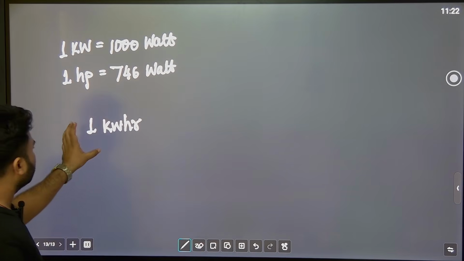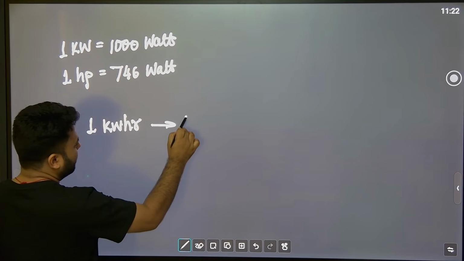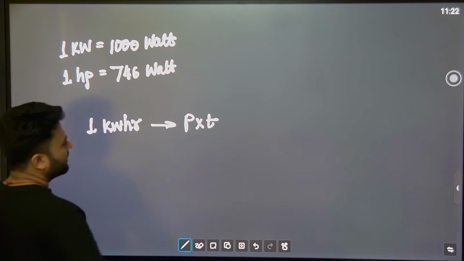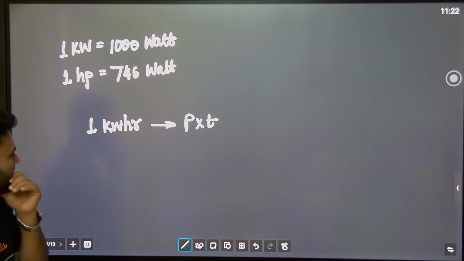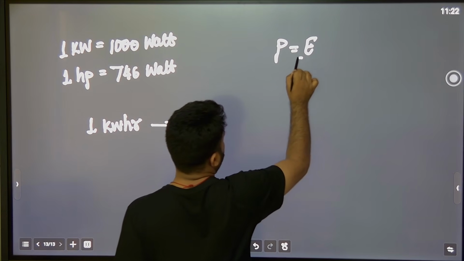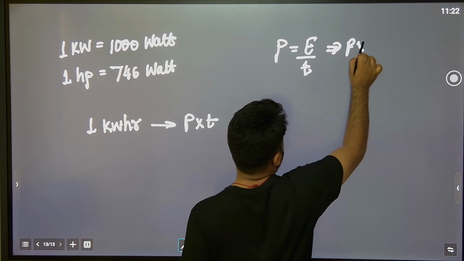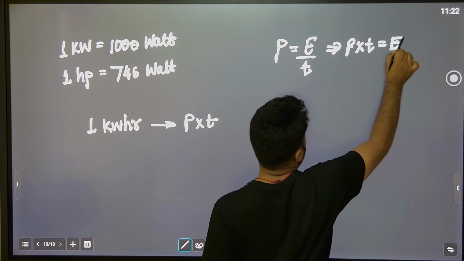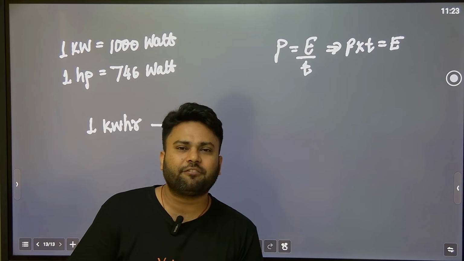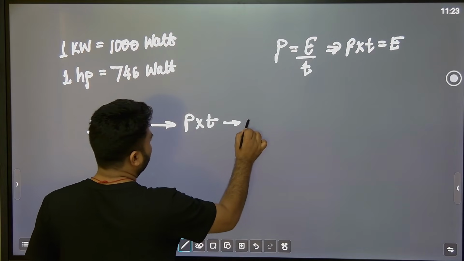Kilowatt is basically a unit of power, and hour is the unit of time. Now what is power into time? Power is nothing but energy or work done by time. So if I cross multiply, power into time gives energy. So first of all, many students confuse that 1 kilowatt hour is a unit of power. No, 1 kilowatt hour is the unit of energy.